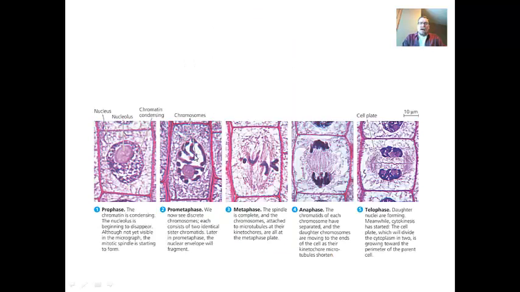Okay, now here you see mitosis in plant cells, because of the cell wall formation. And the difference that we have to think of here is that cell wall. That's the protective and structural formation here.